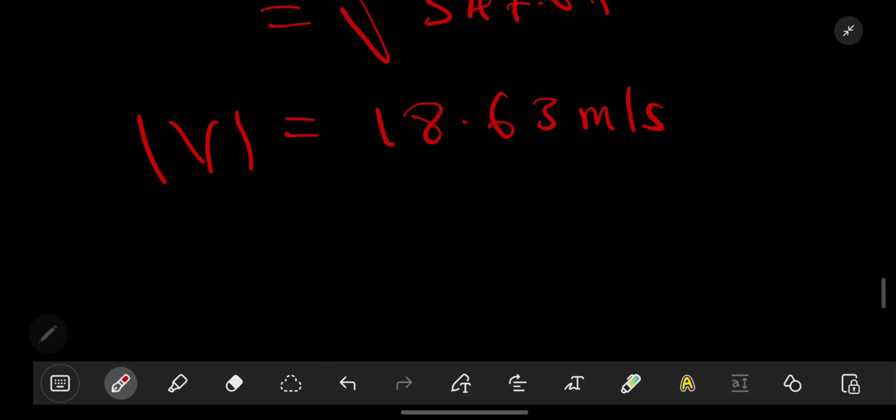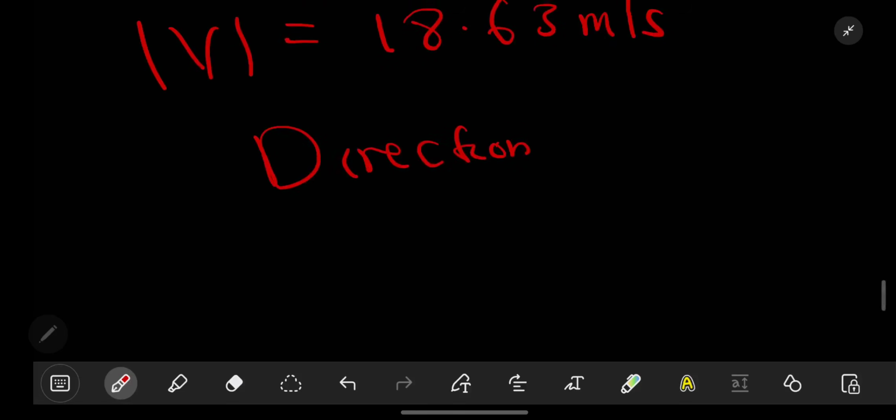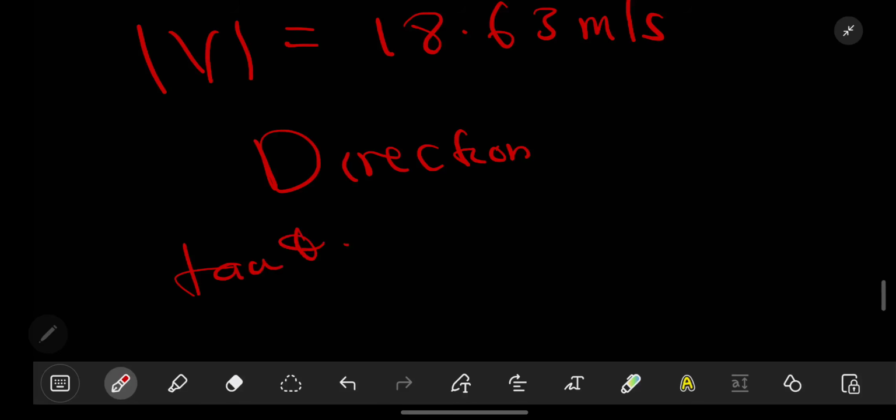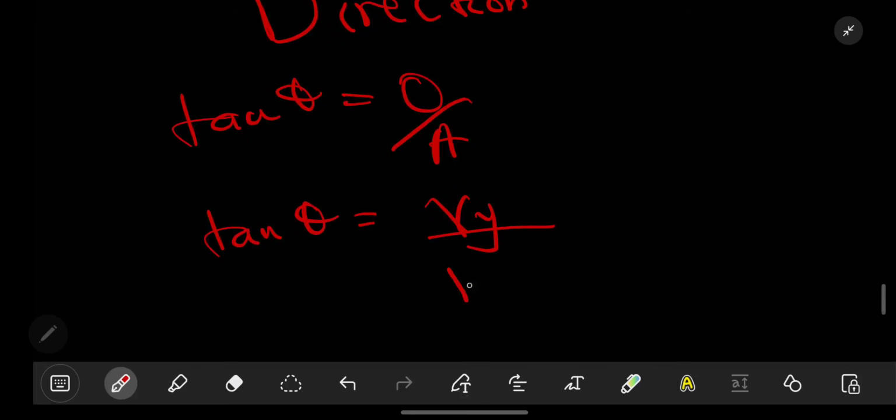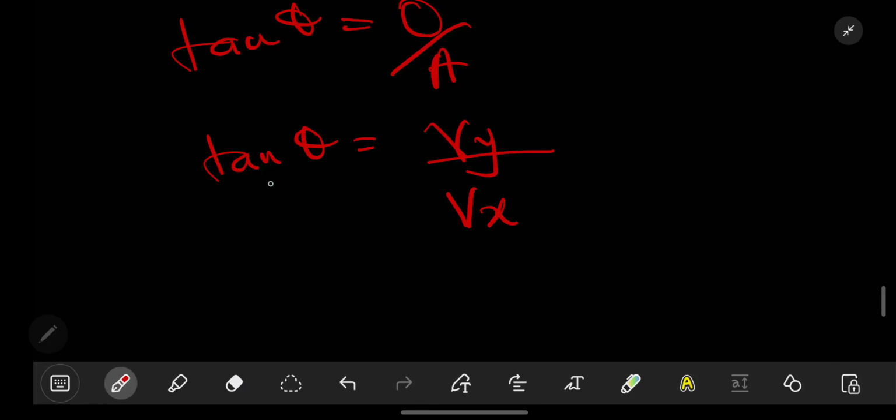So to find the direction, we are going to say tan of theta should be equal to opposite over adjacent. In this case, the opposite is always the velocity in the y over the velocity in the x, never forgetting your vector knowledge.